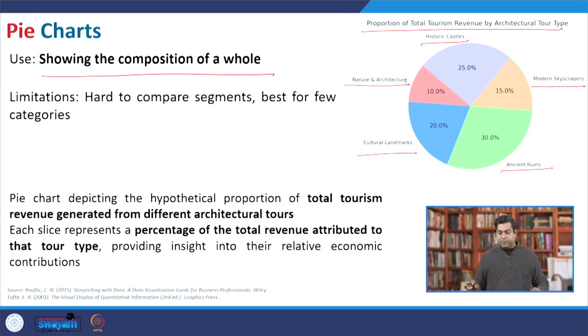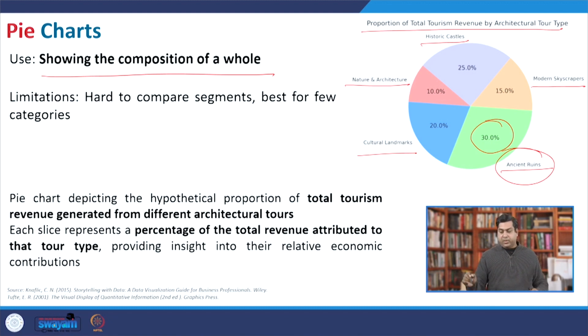Among all of them it is very evident from this pie chart that 30% of revenue is generated from ancient ruins. Again, this is random data just for practice and understanding purposes. In a real scenario or context it may be different.